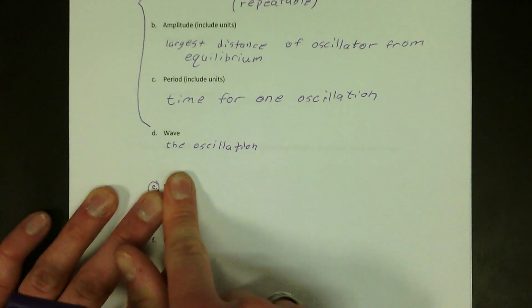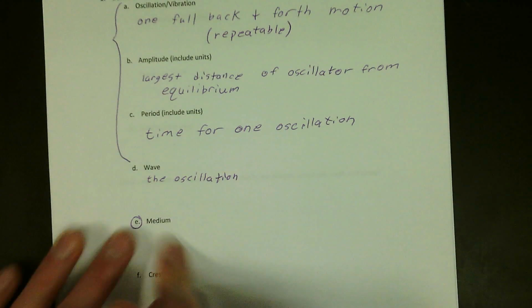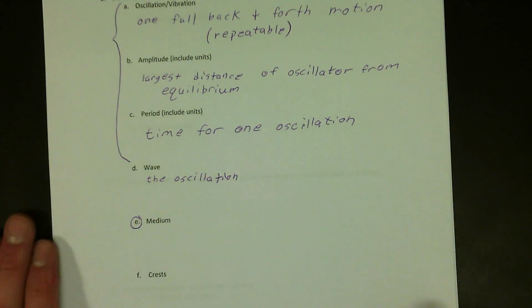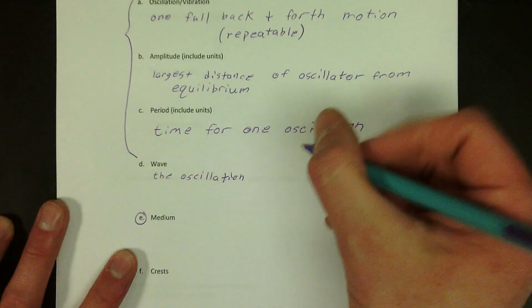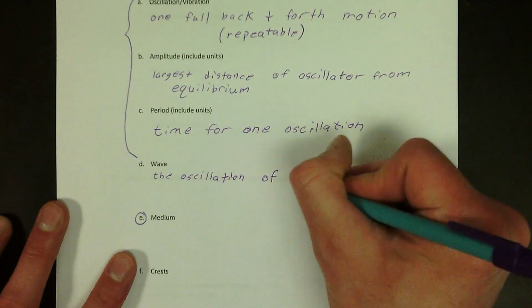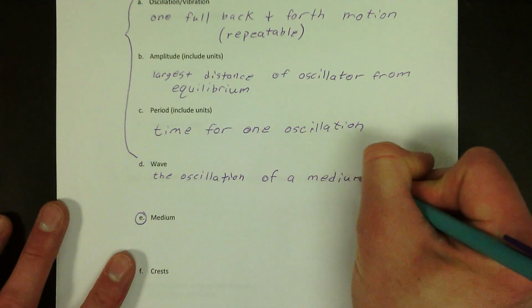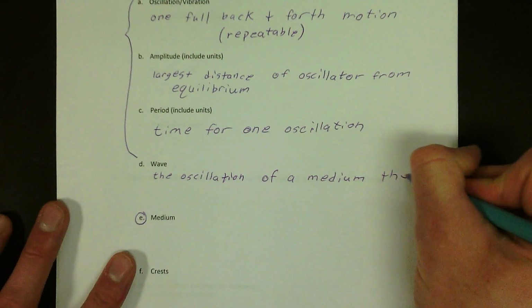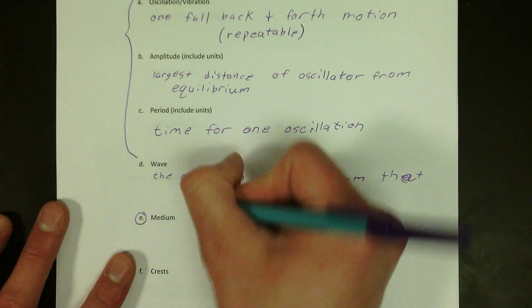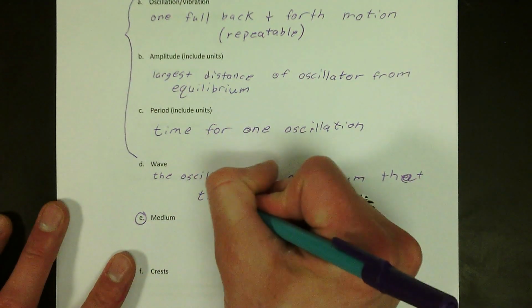So what that means for a wave, it's an oscillation, okay? So it's repeatable, it's back and forth, okay? Oscillation of a medium, we're going to talk about a medium in a second, that transports energy. This is the big part.